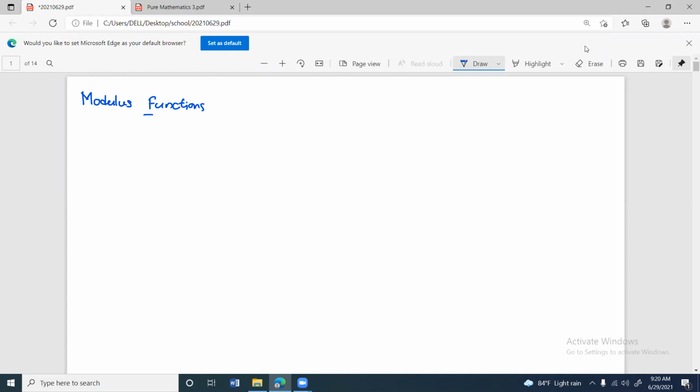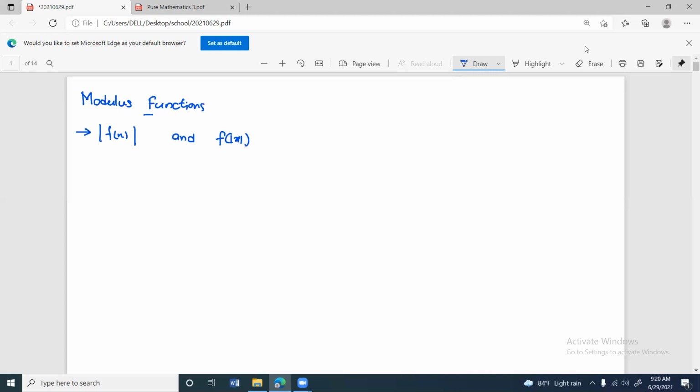The first one is f(x) total modulus, and the second one we need to understand is f of modulus of x function. These are the two types we need to understand in this topic today.